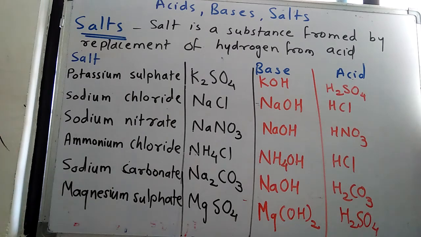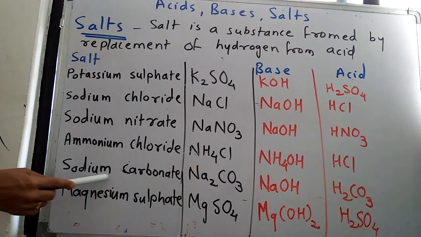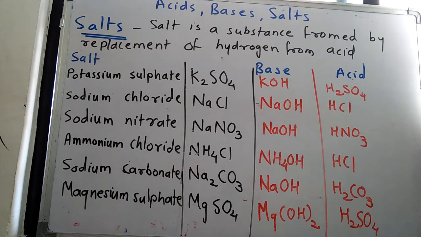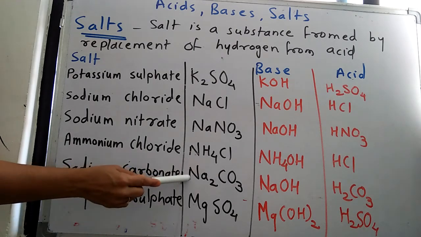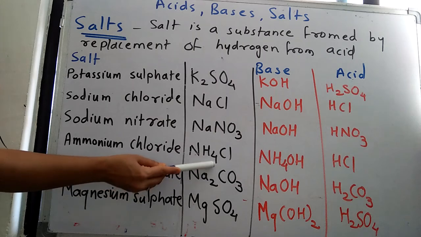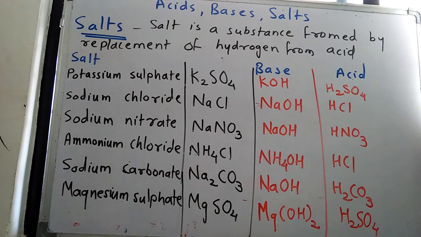Then sodium carbonate, washing soda, Na2CO3. So sodium carbonate is a salt which is made from the base NaOH and an acid. Here the CO3 part is remaining. So we have this acid H2CO3. This is a very uncommon acid, H2CO3, carbonic acid. Then we have magnesium sulfate.